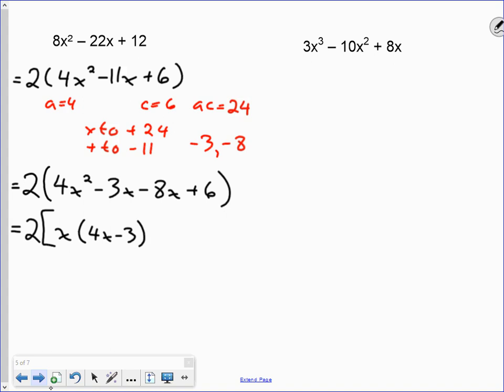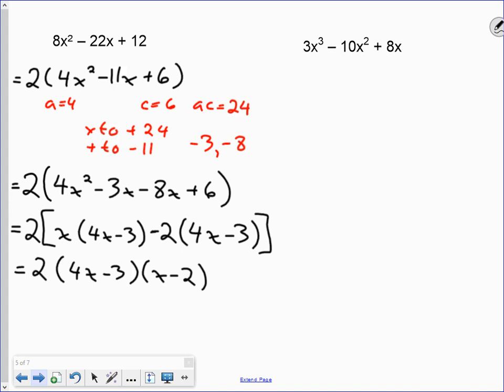And from my second two terms, I'm going to factor out a negative 2, because that gives me 4x minus 3, which is what I want, because now that 4x minus 3 is common. And I'm left with the x minus 2 inside the brackets.